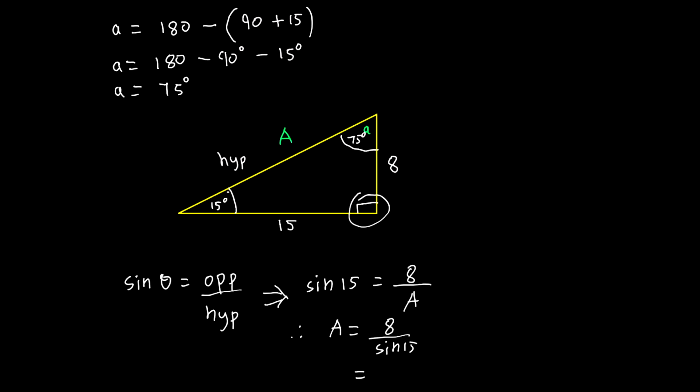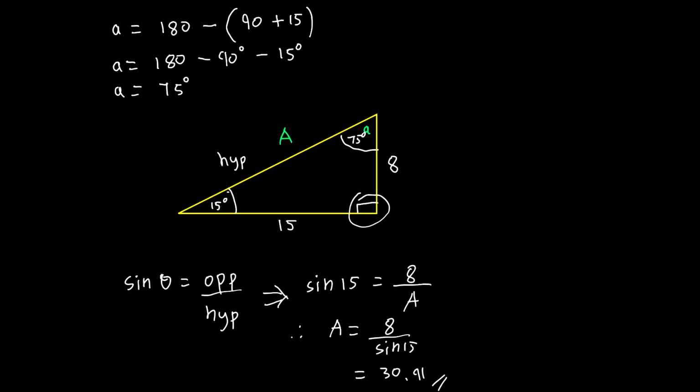And this is equal to, let's plug this in the calculator, sine 15, A is equal to 30.91 units. And that's question 2 completed.